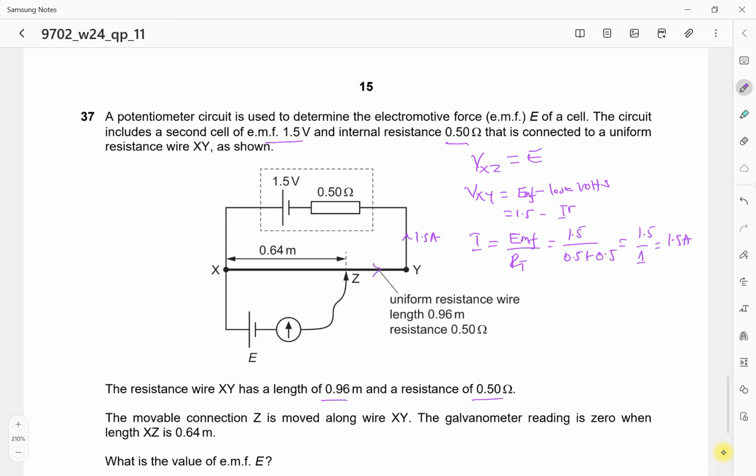So I can now find the lost volts. The lost volts is the current, 1.5, times the internal resistance, 0.5. So the lost volts is 0.75 volts.